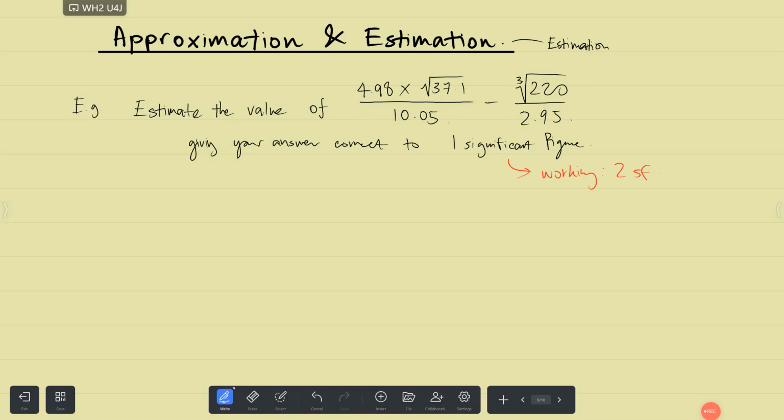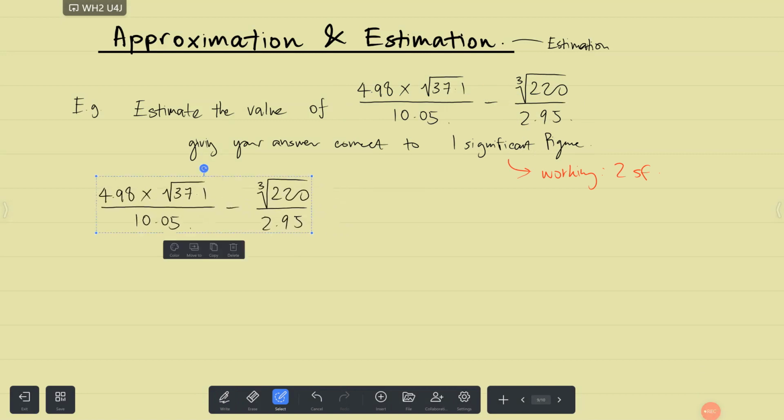Right, so let's get started with the question again. So when you round off these few numbers to 2SF, you get the following.